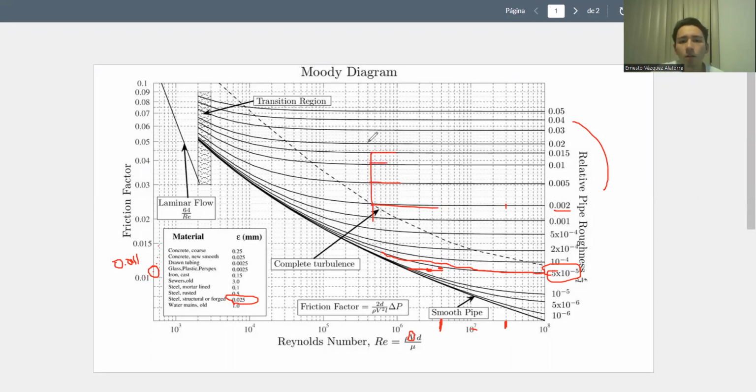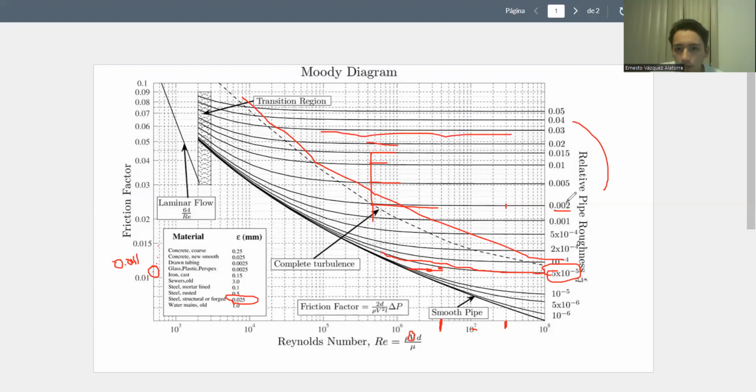So the Reynolds number is not going to affect that much in this part, because once you get to the completely turbulent region, it behaves like a constant.